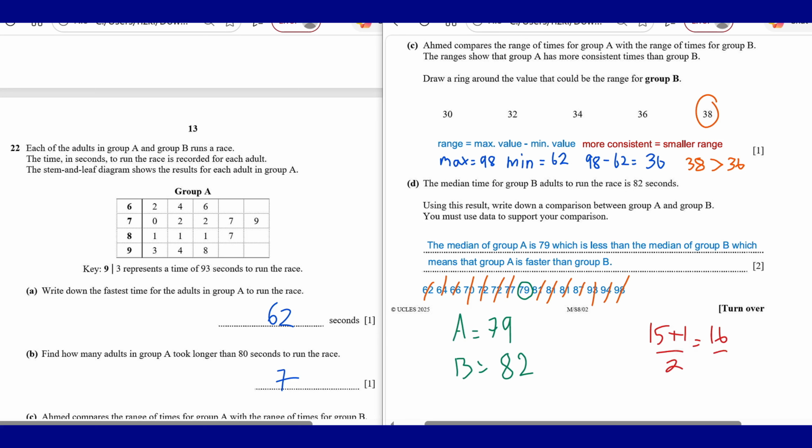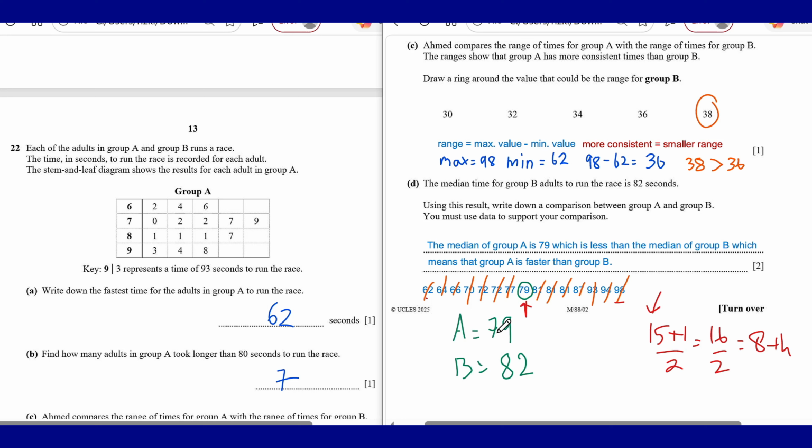So the 8th data falls on 79. That is the median, because the total number of data is an odd number, so the median falls on the data itself. So we have 7 on the left, 7 on the right, and this is the median, 79.